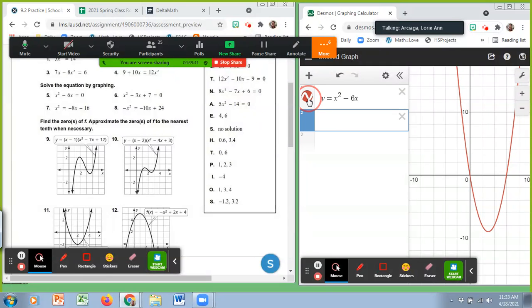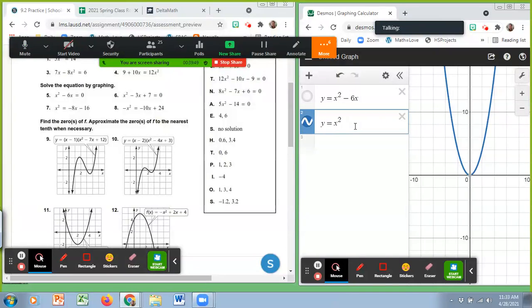Yep, you can unclick this so it will not show the first one. When you're graphing, make sure you put y equals x squared minus 3x. And then what? Plus 7.